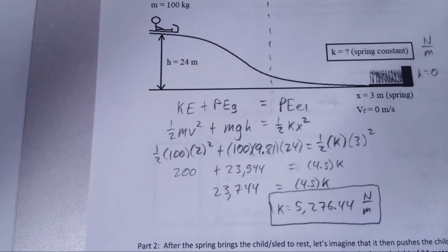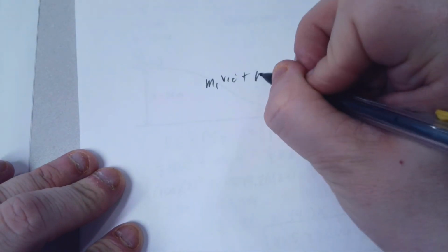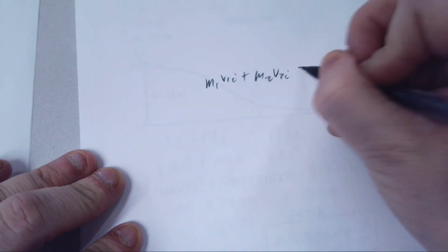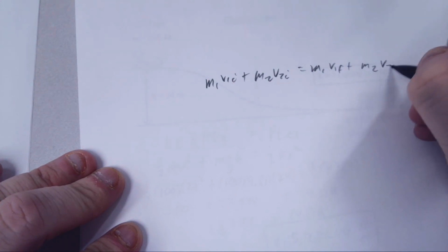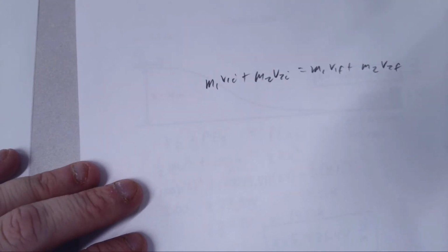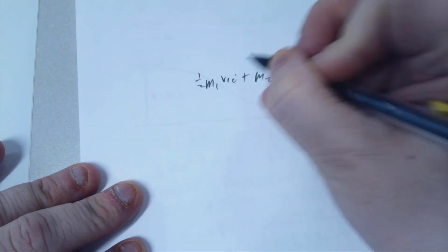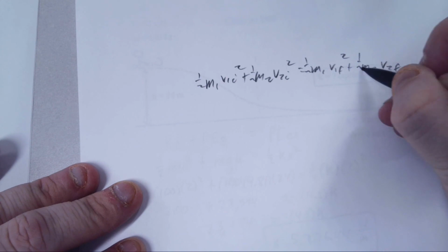To give you an idea, one of them is m1 v1 initial plus m2 v2 initial equals m1 v1 final plus m2 v2 final, and you have to write all this stuff out. Or even the conservation of kinetic energy, which I'm not going to write out, but basically is 1/2 that squared, 1/2 that squared, 1/2 that squared, 1/2 that squared.